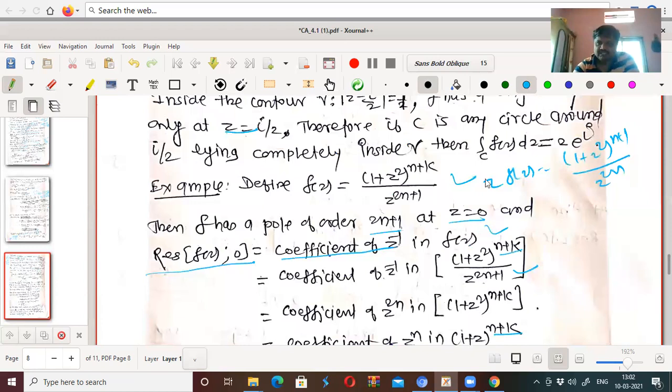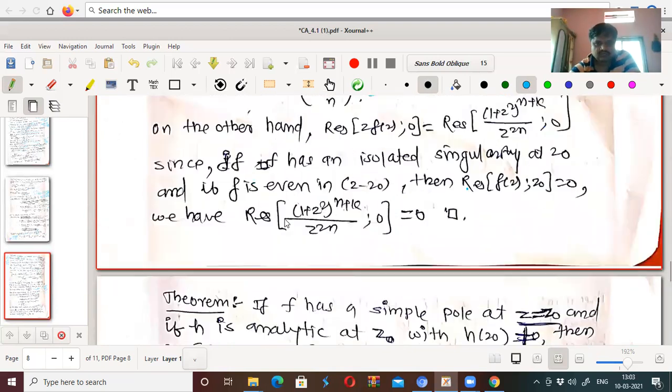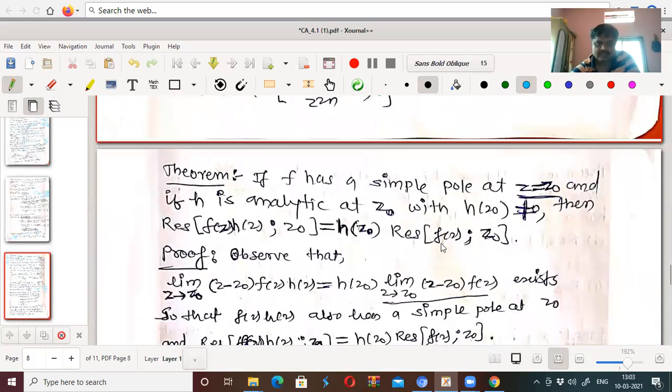If I replace z by minus z, it is the same result. So it is even, and an even function means the residue at z equal to 0 is 0.